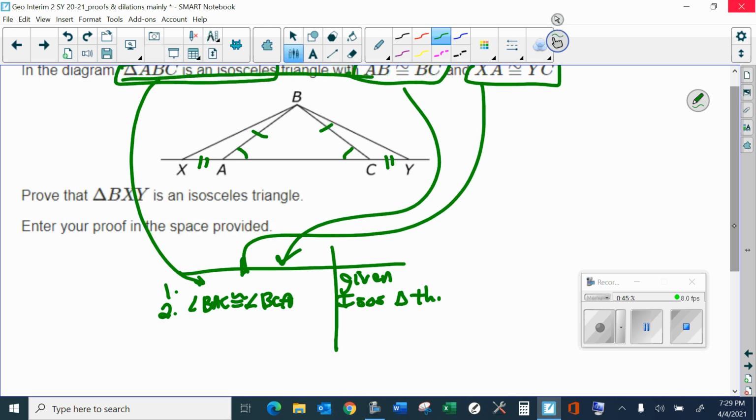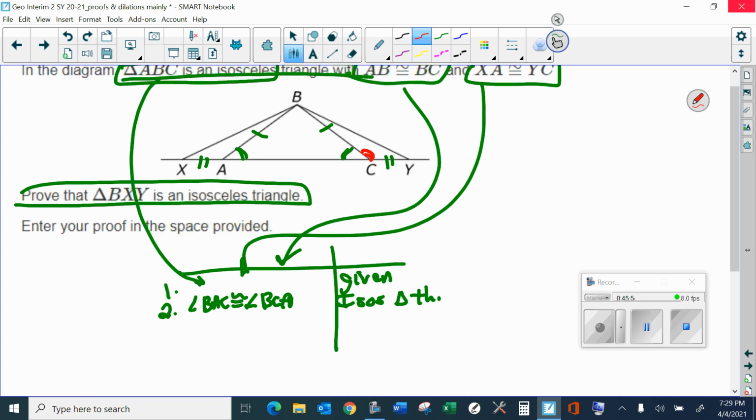Now remember what we're trying to prove is the very last step, that BXY, the outside big triangle, is also isosceles. So I already have an S in here. Well, since these two right here are congruent, then the two supplementary angles to these are also congruent.